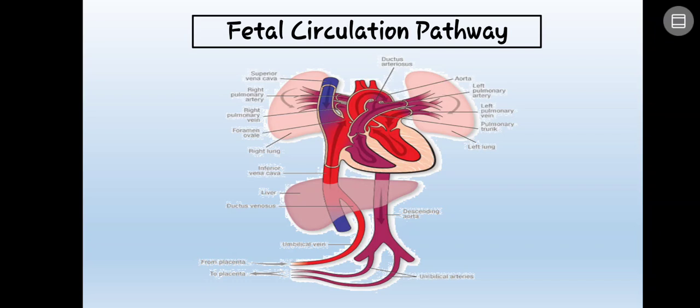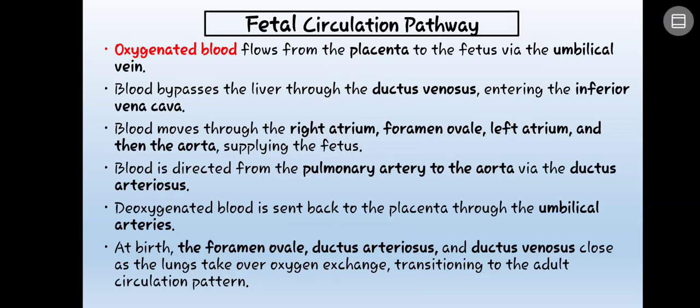From the descending aorta, it joins the umbilical arteries. Then from the umbilical arteries, it goes to join the placenta again and is ejected into the mother's circulatory system again. Then the process begins again.